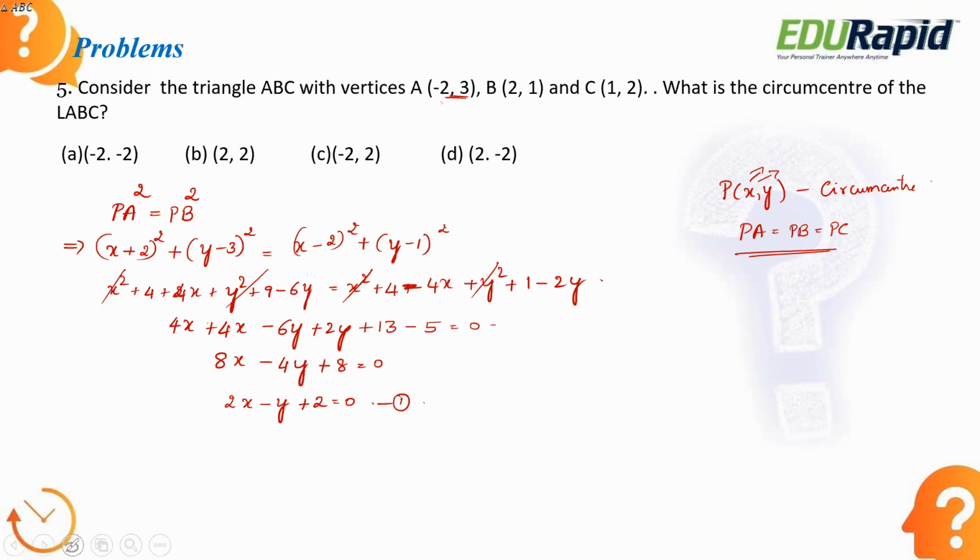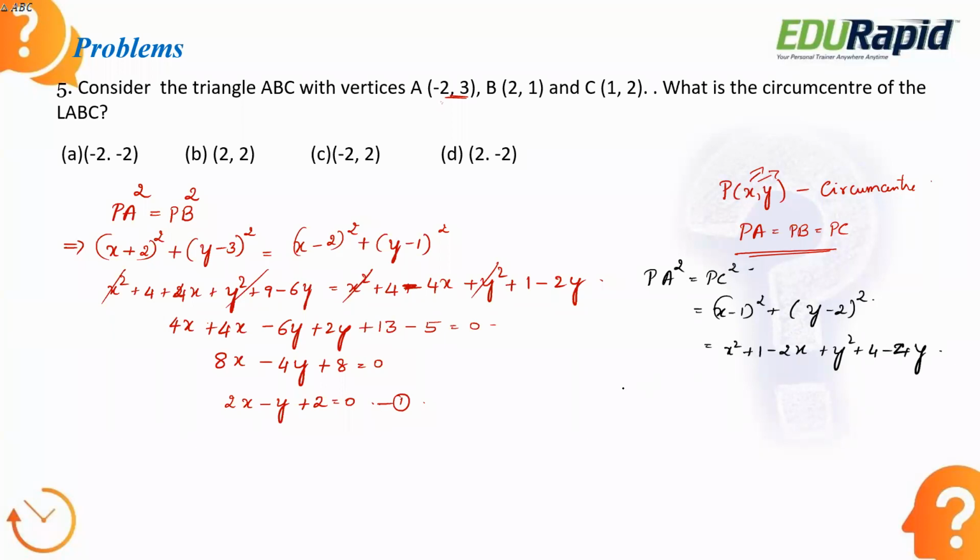Similarly, I need to find another one. What is that? Again, I'll be considering PA square and PC square. So you know what is PA square? You don't have to calculate that now. PC square would be x minus 1 whole square plus y minus 2 whole square. So I can write it as x square plus 1 minus 2x plus y square plus 4 minus 4y.